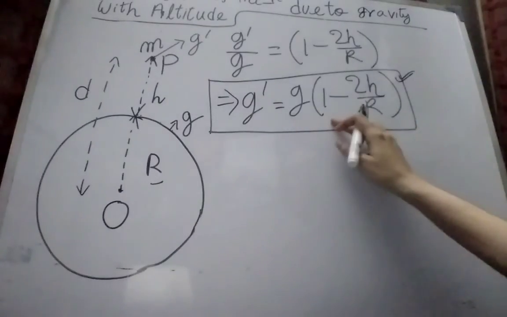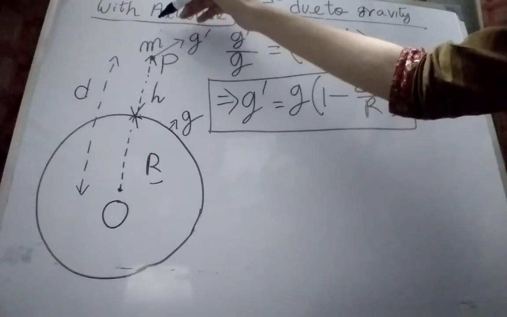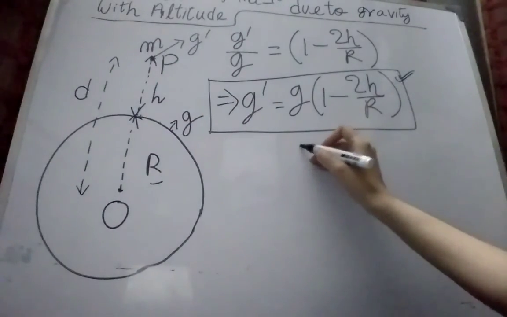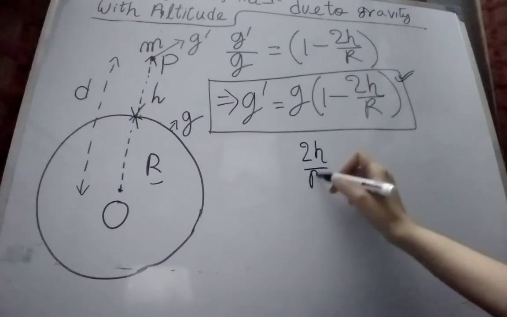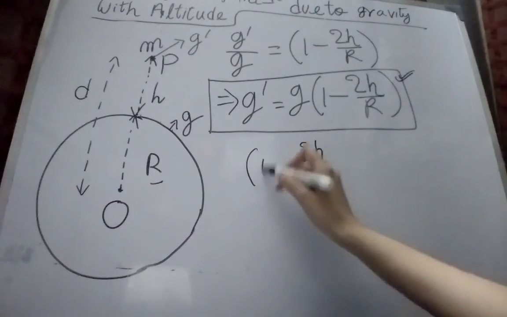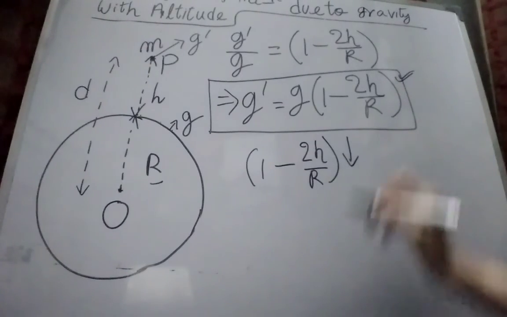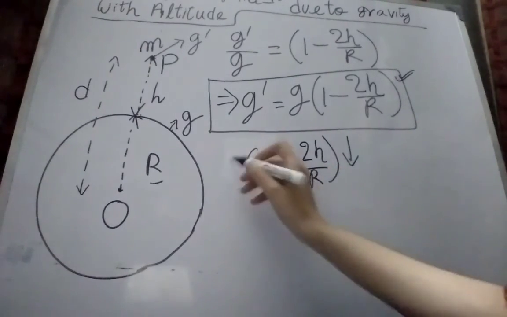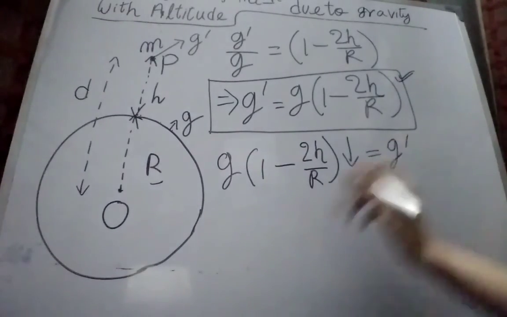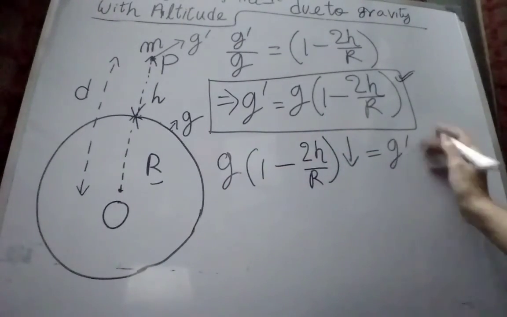From this equation, we may say that if this height increases, that is, if the object is placed at a higher place than this P, then this fraction 2h by R will also increase. Then this term, 1 minus 2h by R, will decrease, and if this decreases, then if we multiply g with this decreased term, g dash will also decrease.